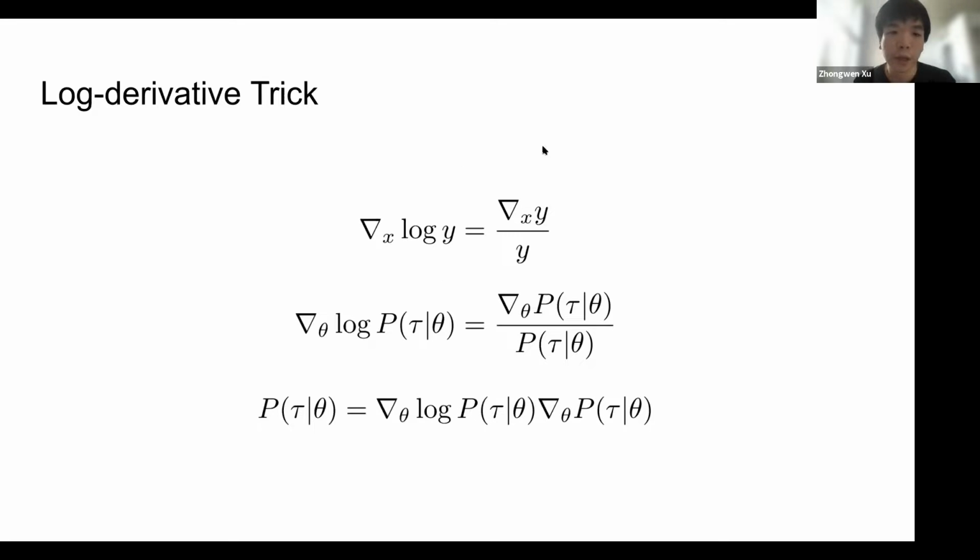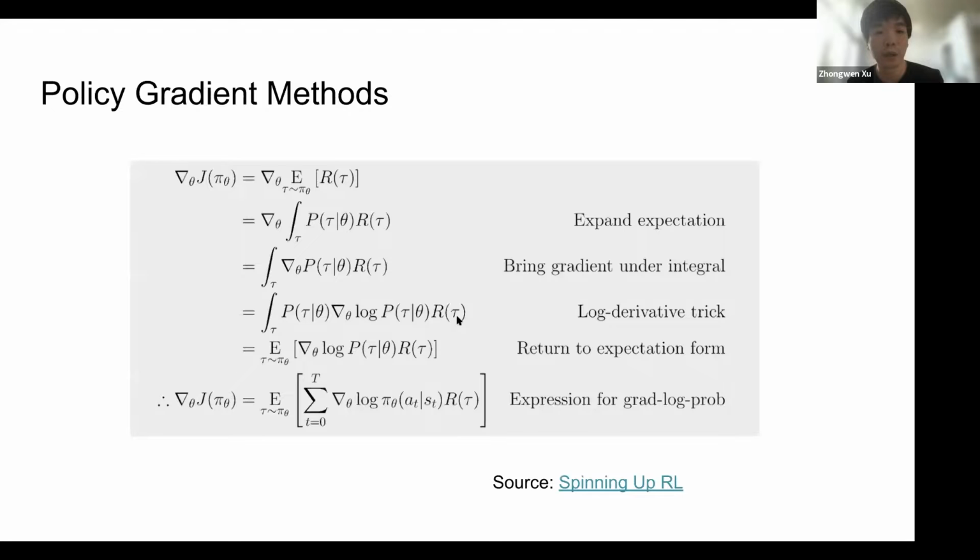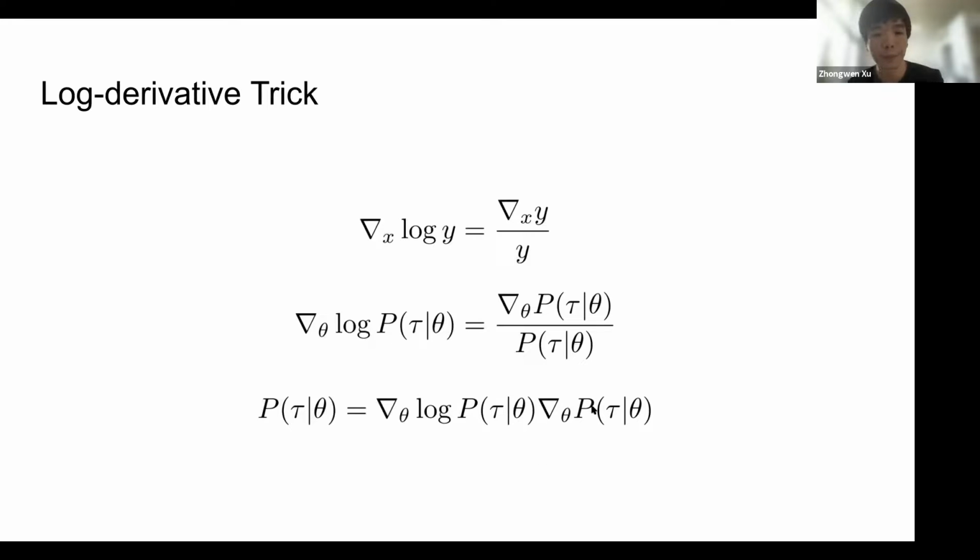So you have this simple form, which is a basic calculus operation. And then instead of y, we can put the probability of tau given the parameters here. So the same thing, just replace y. And then you have this equation, and then move p of tau from the left-hand side to the right-hand side. You can obtain this equation, which is basically step 3 to step 4.